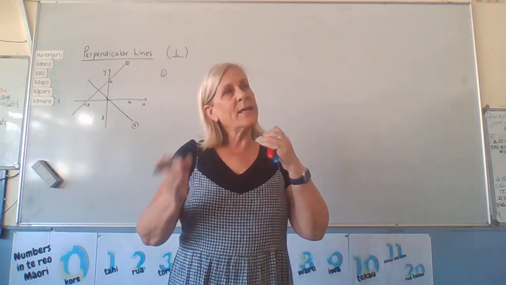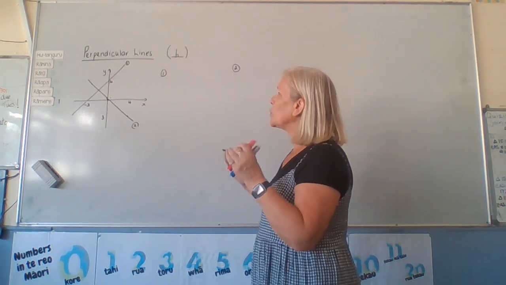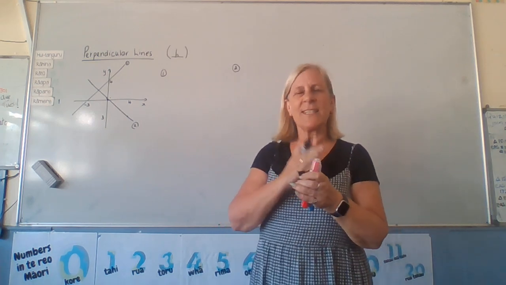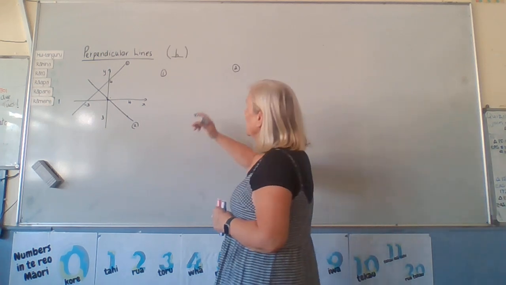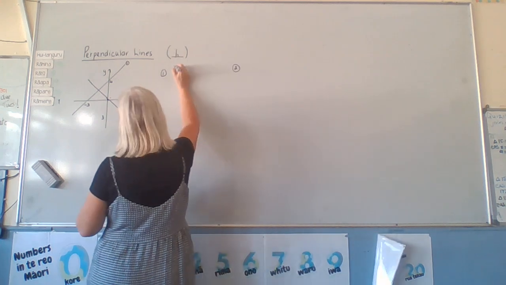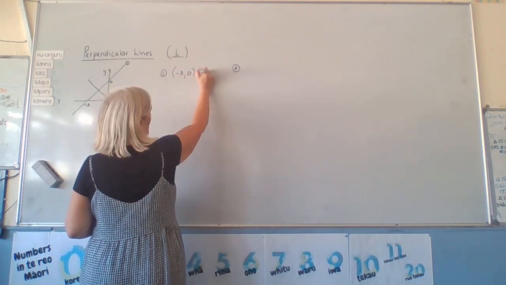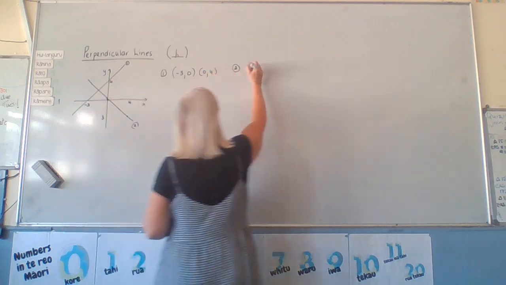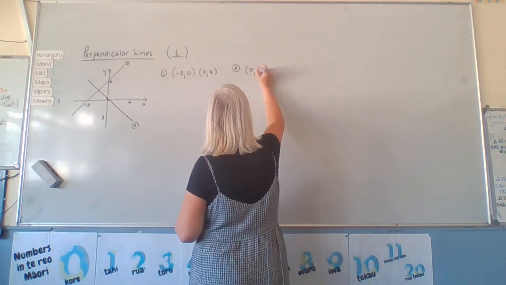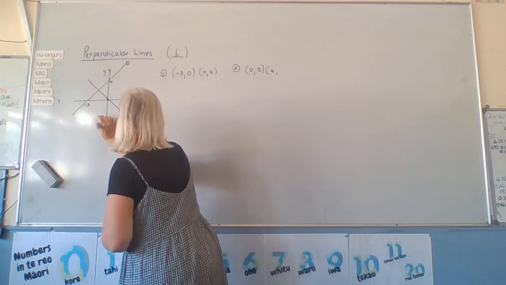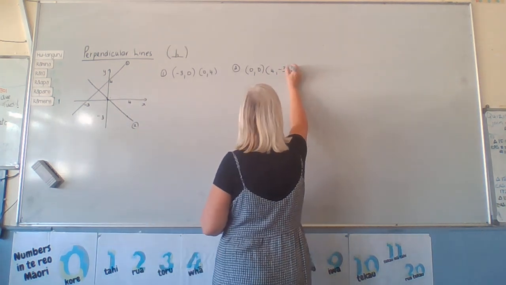Okay? So if I say these two lines are perpendicular, how can I show that they are perpendicular? The only thing I can compare on them is to actually find their gradients. And the gradients are going to tell us the answer. So for the first one, we have got the points -3, 0, and 0, 4. For the second one, we've got the points 0, 0, and 4, -3.